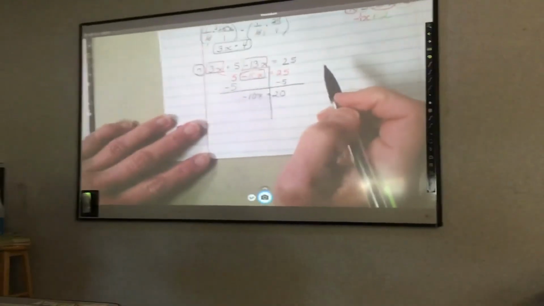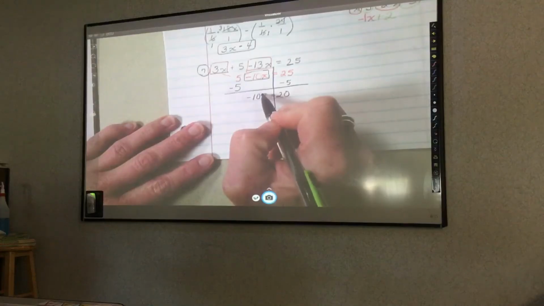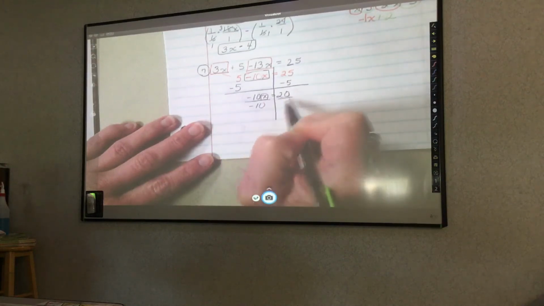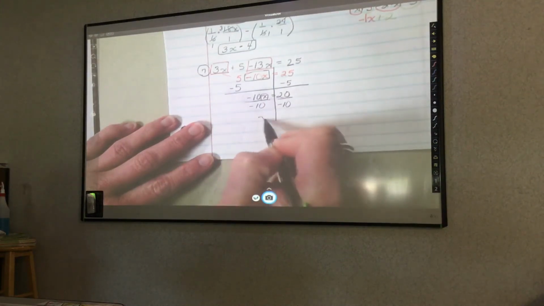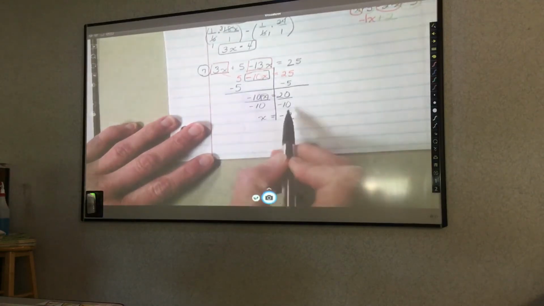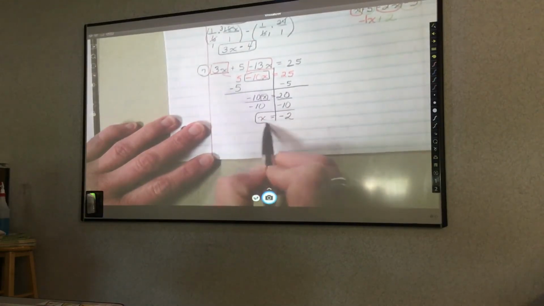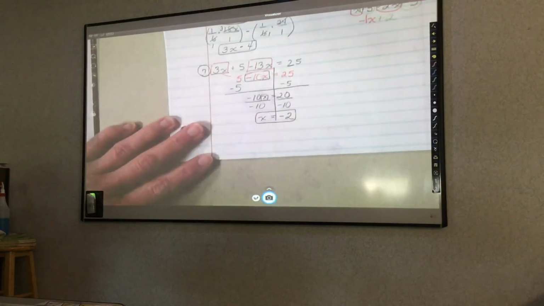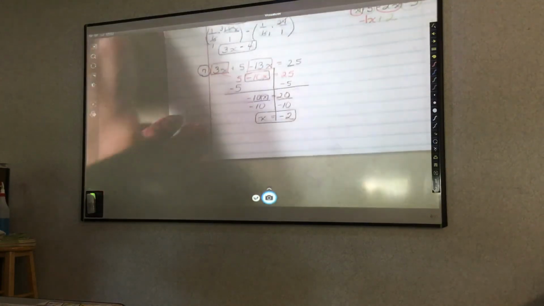How do I get rid of the x? Box it in, divide by a negative 10. So now I have x equals a negative 2. That's your final answer. So we just had one extra step that we aren't used to.